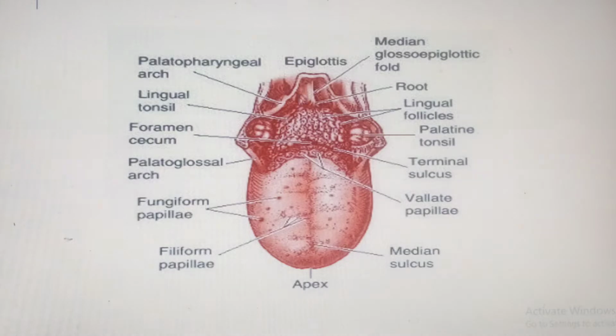Now remember that the root of the tongue extends into the oropharynx, and that's why we also call it the pharyngeal component of the tongue. And this portion, which is over here, the root of the tongue, we usually refer to as the posterior one third of the tongue, and precisely the bones that it is sandwiched between are the hyoid bone and the mandible.